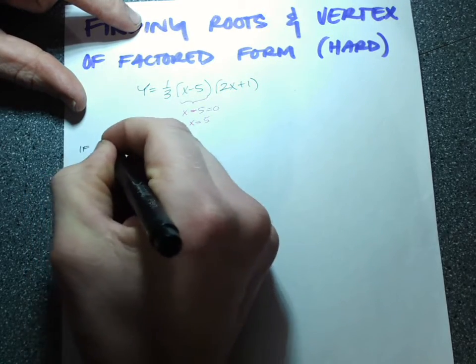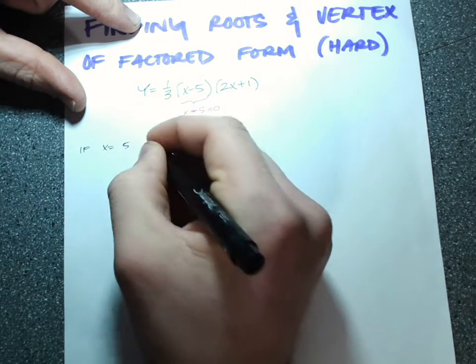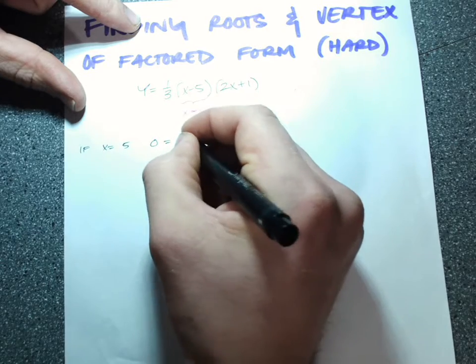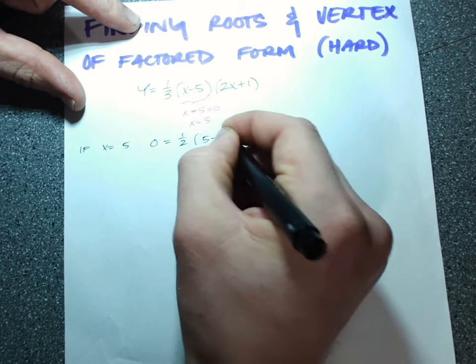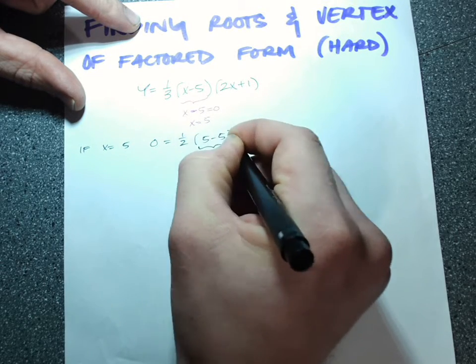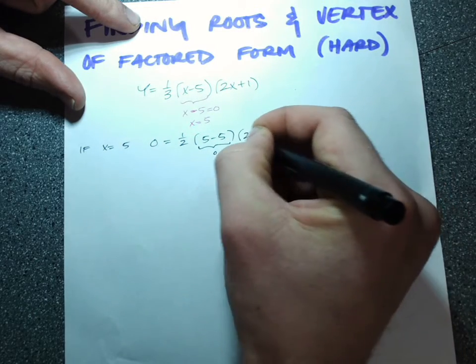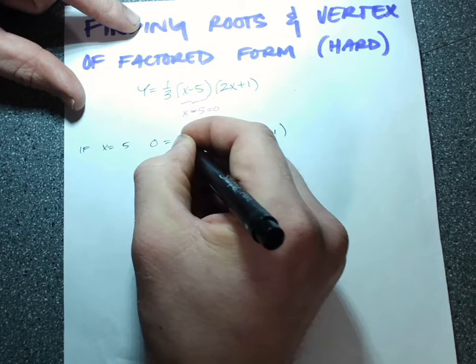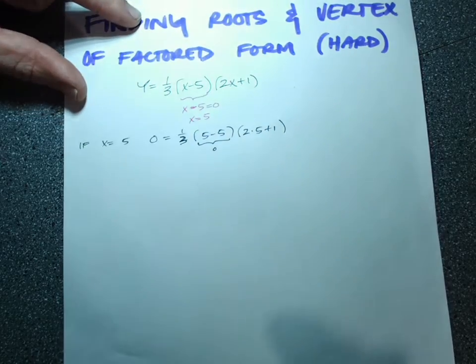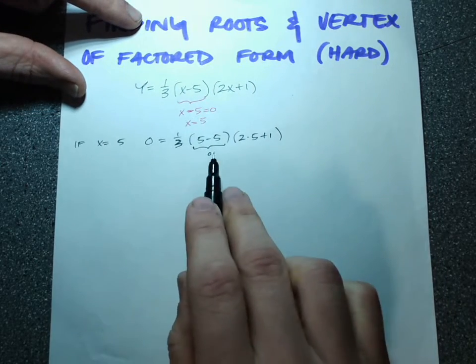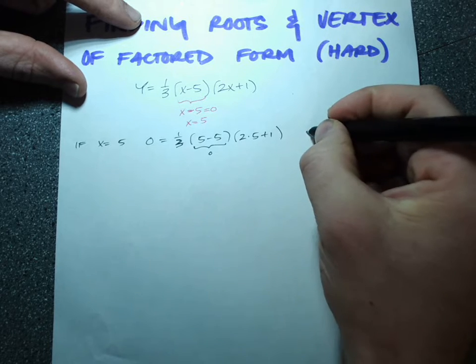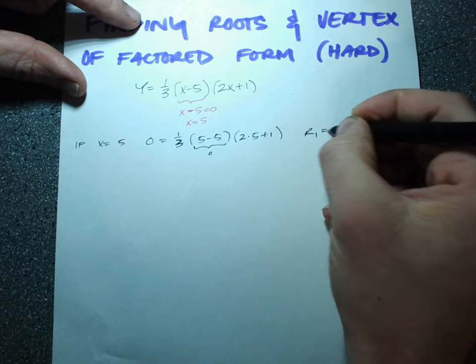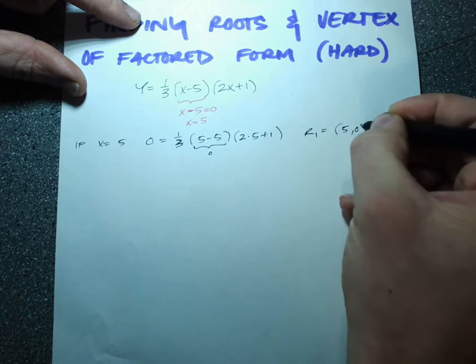If x is 5 and we plug that in, the whole thing will be equal to 0 because 5 minus 5, this factor, is 0. And it doesn't matter that over here this is 11. It doesn't matter that this is a 1/3 in front. The whole thing is multiplication by 0. And so the first root, r1, is (5, 0).